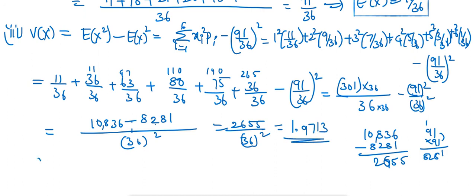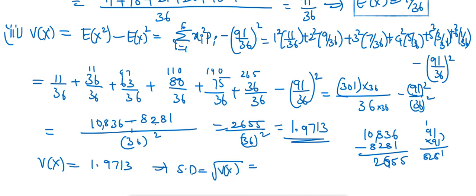So variance of X is equal to 1.9713. From this, standard deviation is equal to the square root of variance of X, equal to the square root of 1.9713, which is 1.404. This is the way to solve the given problem.